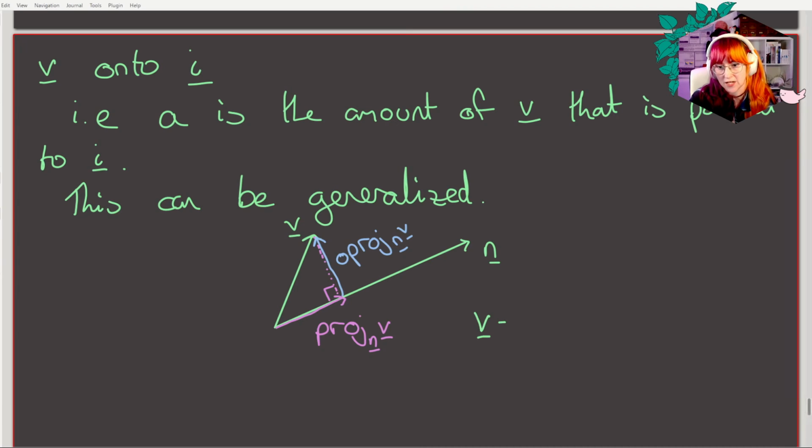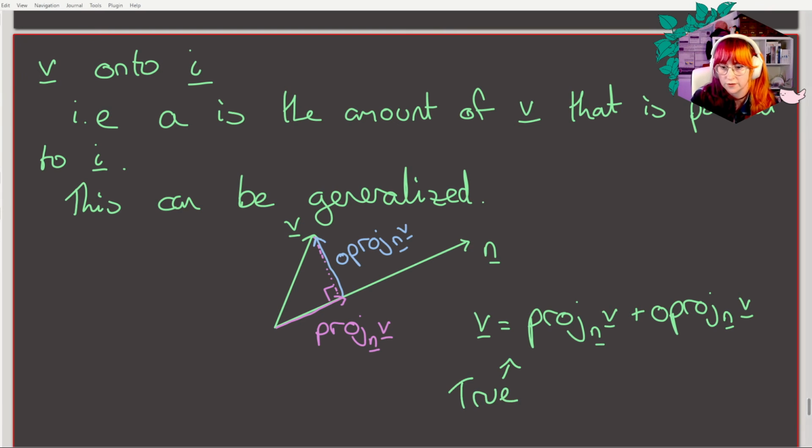And the vector v is the sum of those two vectors. And this is true for any n. I think that's for any n not equal to the 0 vector, because the 0 vector doesn't have a direction. So I think that breaks it.